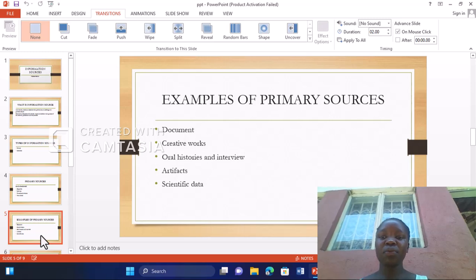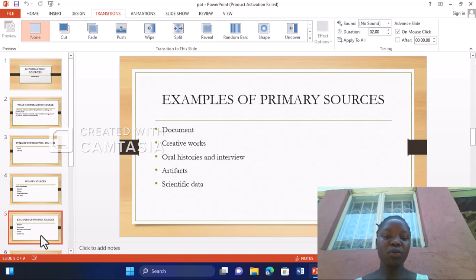There are personal letters, diaries, then newspapers and magazines published at the time of the event. Creative works are novels, poems, or artworks created during a particular period, or a song or musical composition for a specific era.